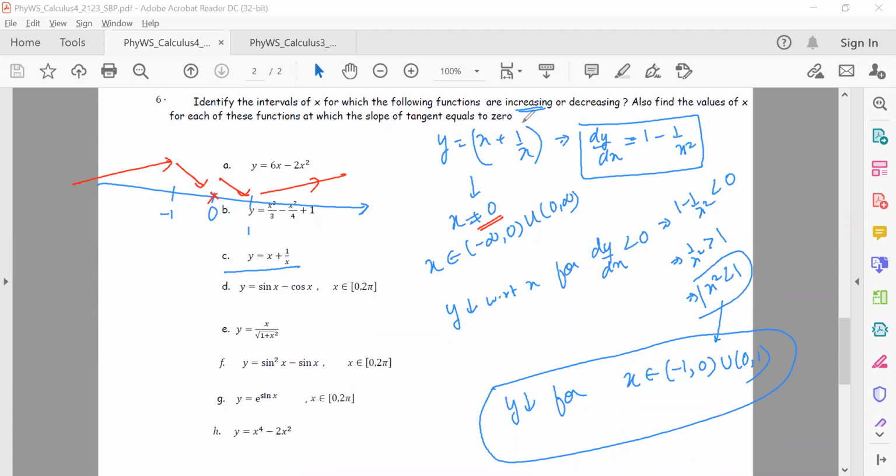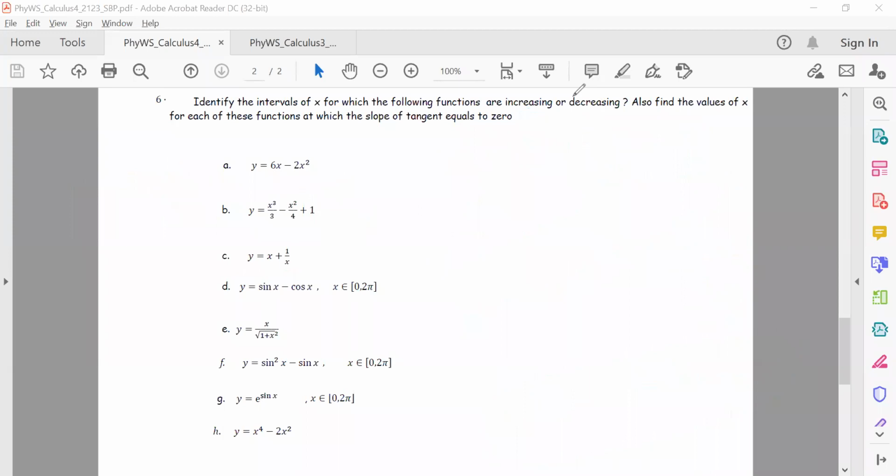Okay, now Yashovardhan has asked part G, so we'll discuss that. Okay, so first thing we need to do here is find dy by dx. So for dy by dx, we'll use chain rule. Okay. So sine x can be treated as z.